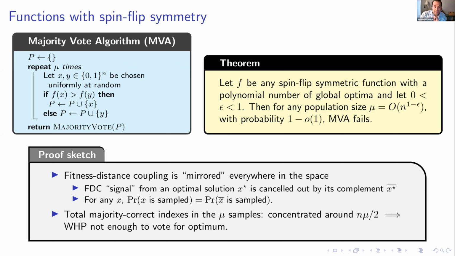And furthermore, because of the symmetry, for any x, the probability that it ends up in this population is roughly equal to the probability that its complement will end up in the population. And so everything's going to cancel out.